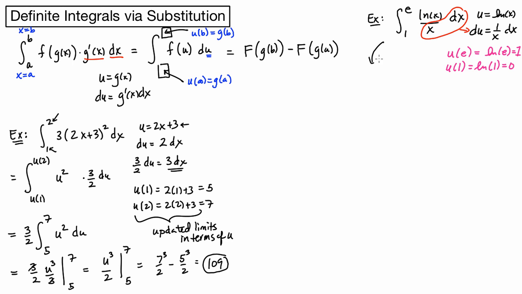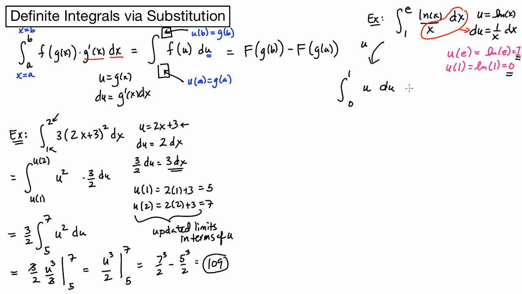So when the u substitution kicks in, this integral is now the integral from 0 to 1. These are my new limits, 0 and 1. So it's the integral from 0 to 1 of natural log of x, but natural log of x is u, times dx over x, but dx over x is du.